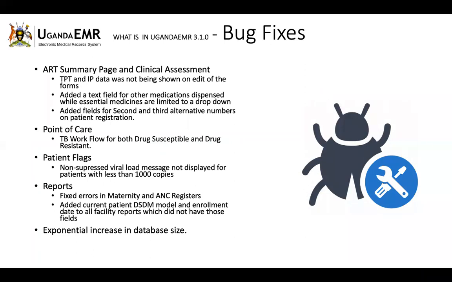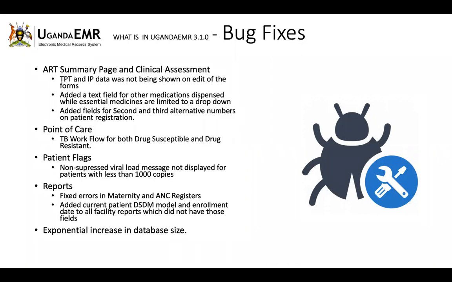So we've added, for example, on the ART summary page and the clinical assessment, if I'm to group them, the TPT and IP data was not being shown on edit of the forms. Those of you that have been on the field have seen this, that whenever you would go to edit data, ideally, those fields that had data should come back with that data, but previously the data would not come, and many people thought that the data was actually lost even when it was in the system.